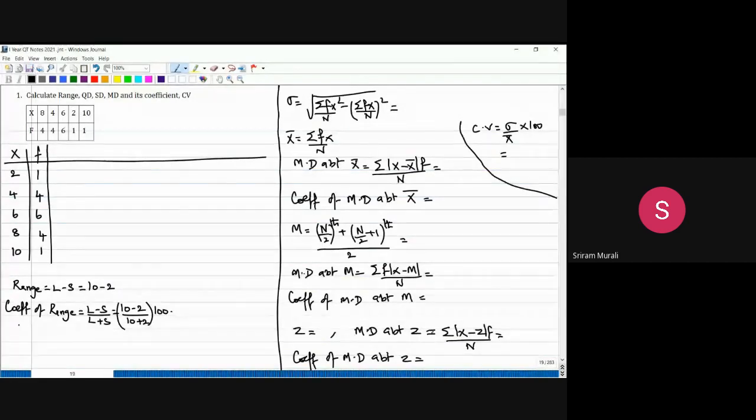The next one is quartile deviation. So the quartile deviation formula is Q3 minus Q1 divided by 2.